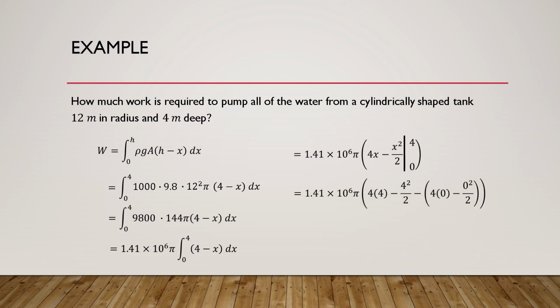So, 1.41 times 10 to the 6th pi times the quantity of 4 times 4 minus 4 squared over 2 minus the quantity of 4 times 0 minus 0 squared over 2. We can simplify to get 1.41 times 10 to the 6th pi times the quantity of 16 minus 8, which is 8, or 3.55 times 10 to the 7th joules of work.